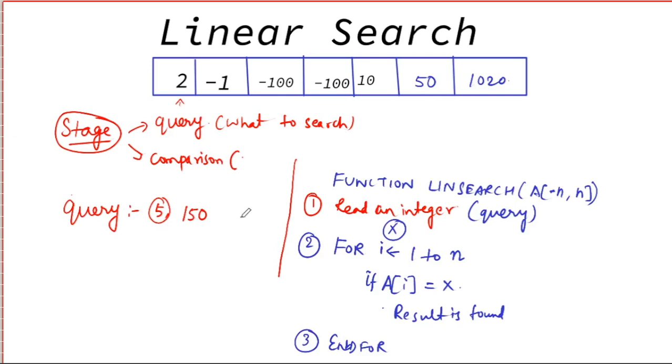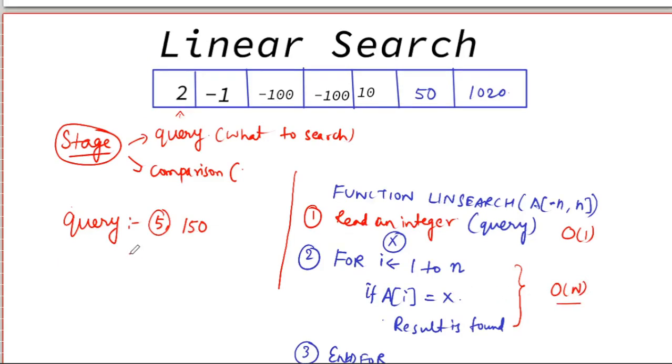Now let us try to figure out the time complexity for this problem. The time complexity of linear search is big O of n, where n is the size of the input set.